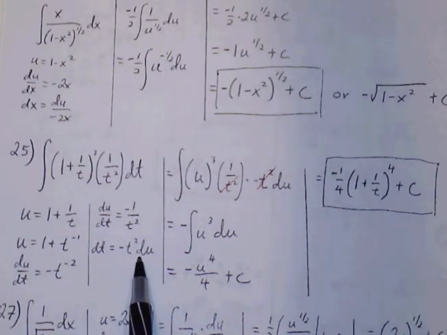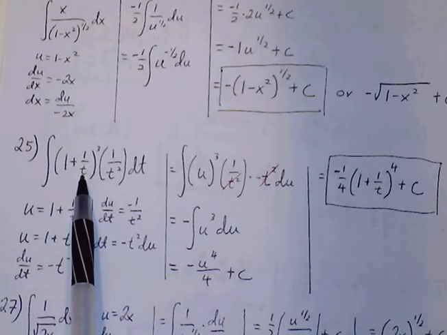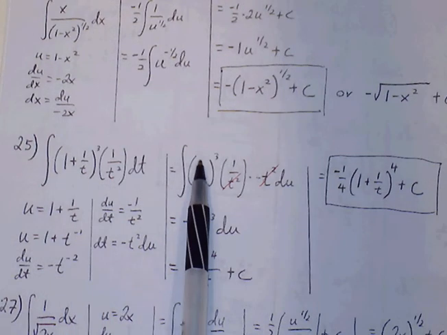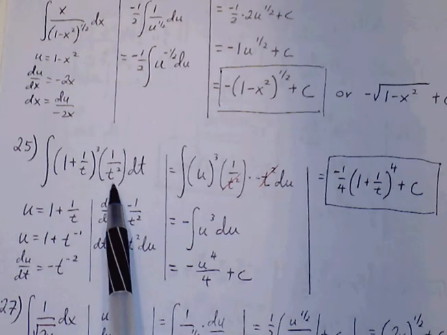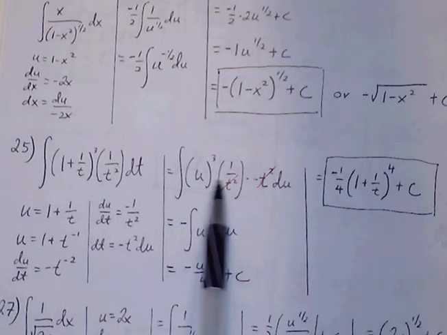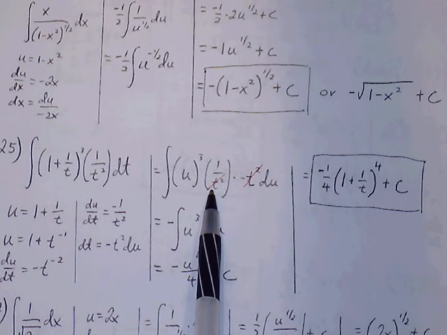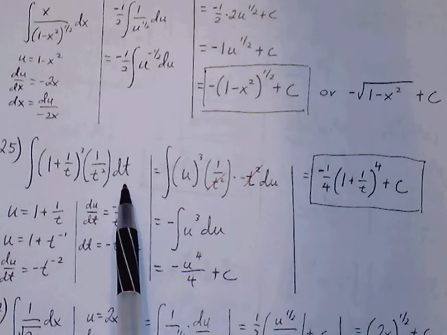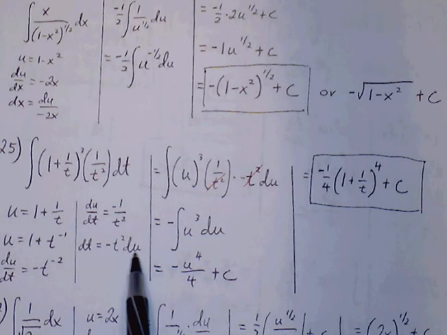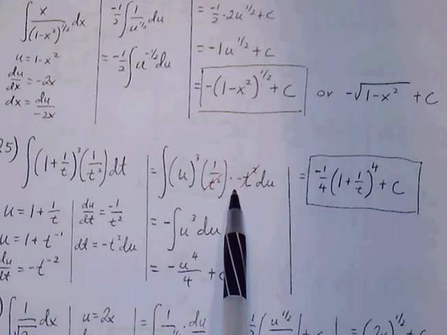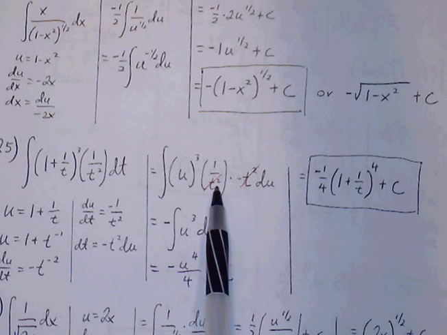So 1 plus 1 over t gets replaced with u, so we have u cubed. 1 over t squared, there's no substitution for this, so we leave that alone. We want this to eventually cancel out. dt gets replaced with -t squared du. So now we look to see what cancels out. The t squared cancels out.